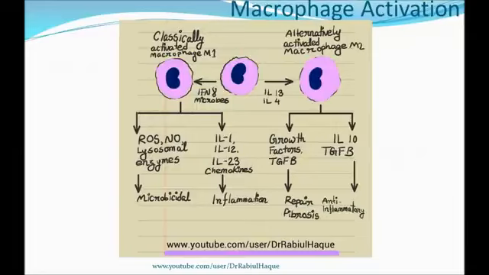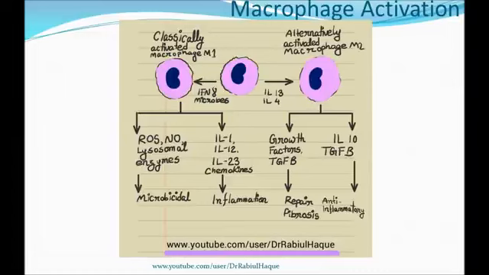These cytokines activate the macrophage in the alternative pathway, and that results in production of growth factors, and they promote angiogenesis, and they also stimulate collagen synthesis and activate fibroblasts as well, and all these things help in tissue repair. At the same time, the alternatively activated macrophage, which is also called M2 in your textbook, will also have an anti-inflammatory effect with the help of interleukin 10 and TGF beta.